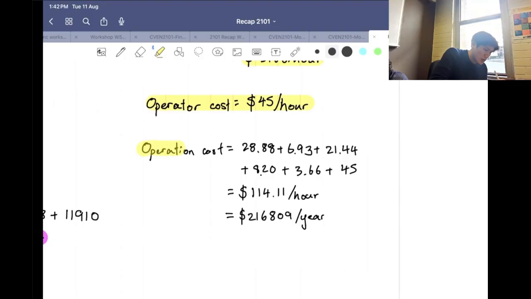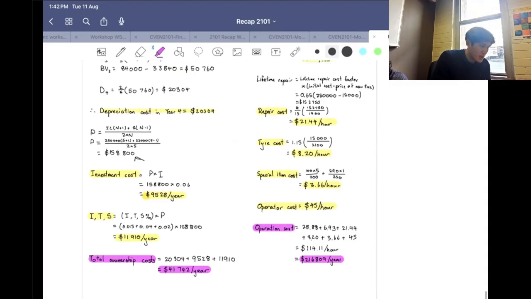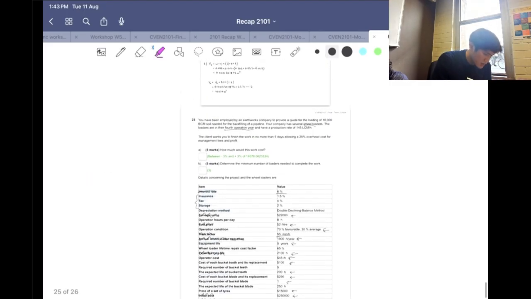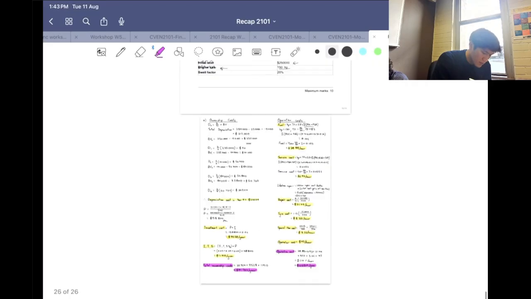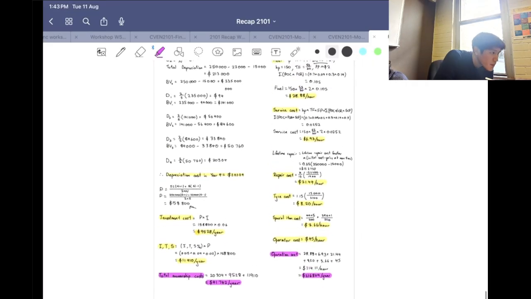And now your operation cost and your ownership costs are both in dollars per year. And then, yeah, you just add them together. Wait, hold on. That doesn't seem right.